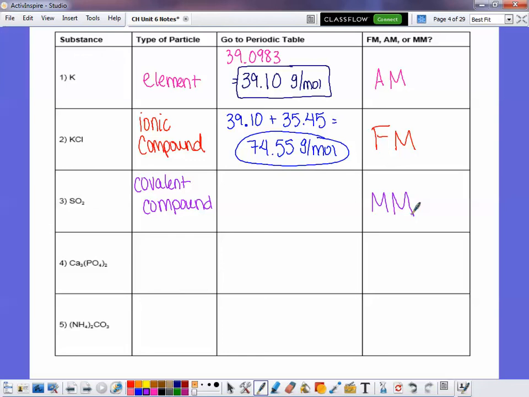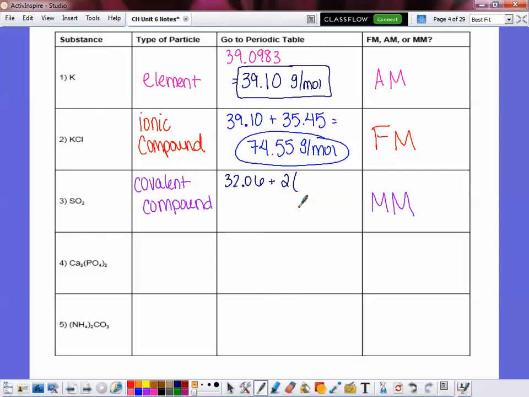All right, so we have sulfur and oxygen, right? And we have 2 oxygens. 1 sulfur, 2 oxygens. What is the mass of sulfur rounded to 2 decimal places? 32.06. Some periodic tables, if you're not using the one I gave you, might say 32.07. That's okay. 32.06 plus, we have 2 oxygens. So we're going to multiply oxygen's mass by 2 before we add it to sulfur's mass.